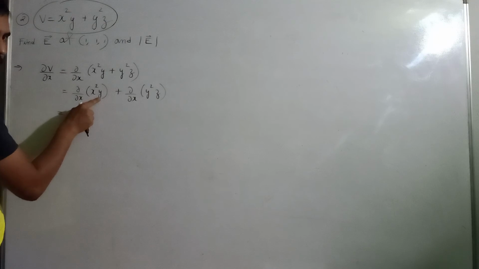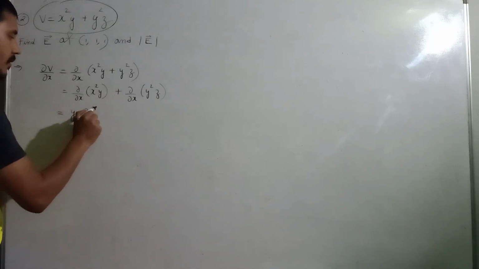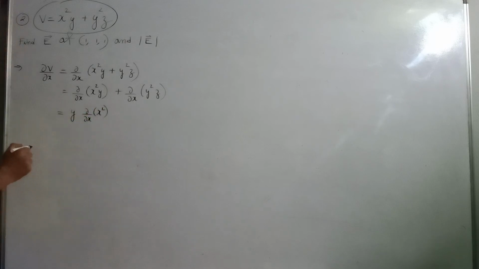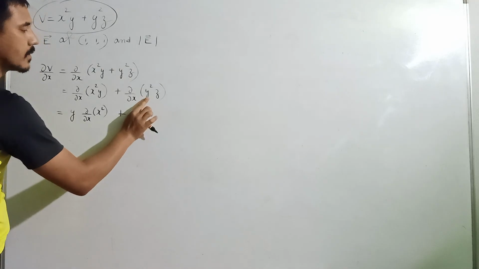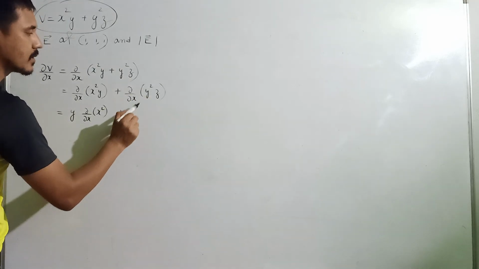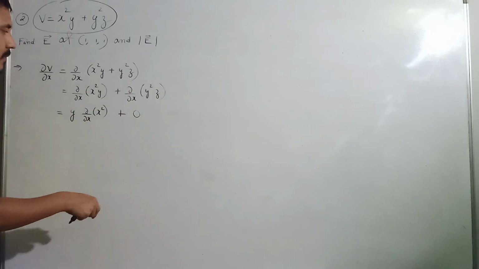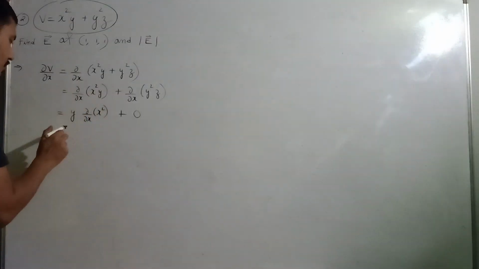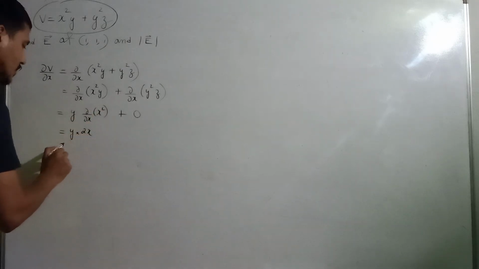So y is constant here, y comes out, and I'm going to differentiate only x square. Now, here there is no x, so y and z are constant, so 0. Differentiation of a constant is 0. Here, y comes out. So differentiation of x squared is 2x.